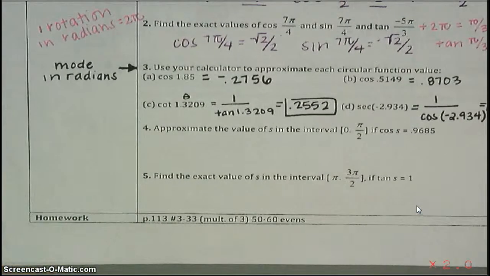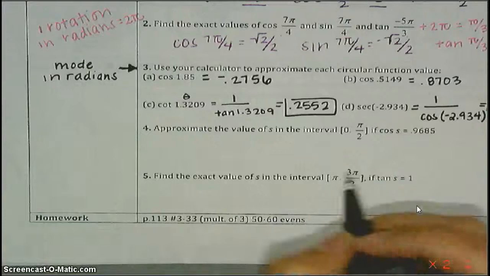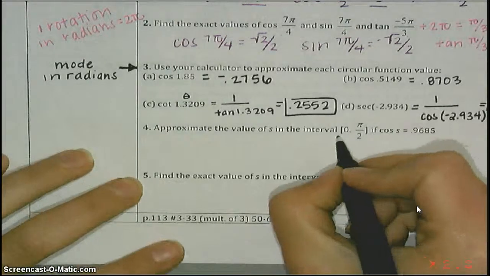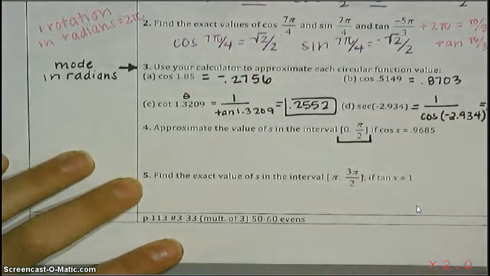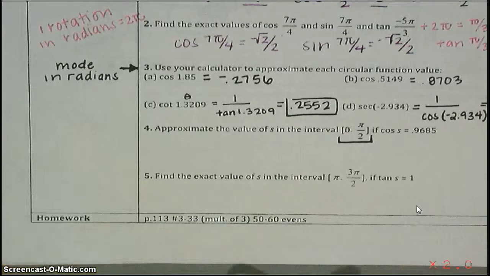The last part is going back to the unit circle again. Actually, the very last one is number 4, where you will have to use your calculator. You will know that you're using radians because they're telling you that your angle is between 0 and 2 pi, and typically 2 pi is a radian value rather than a degree value.